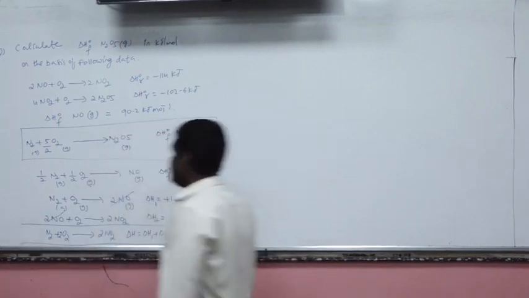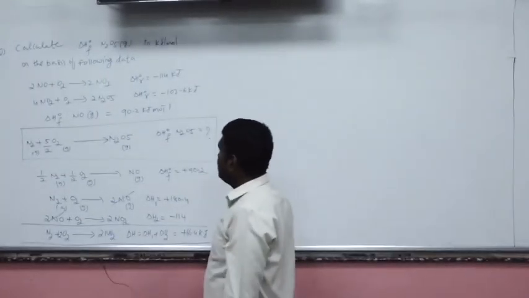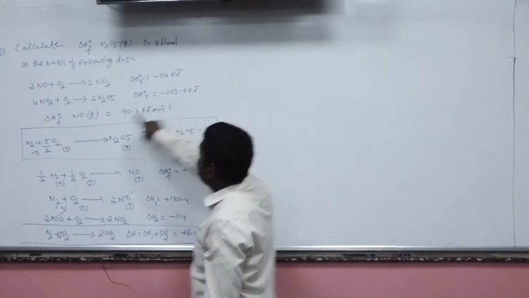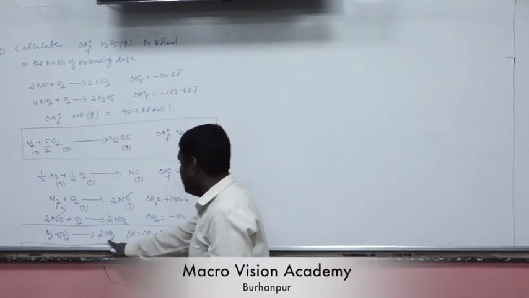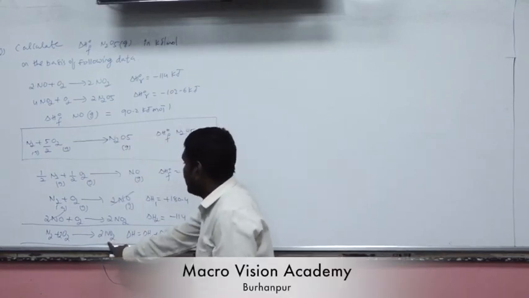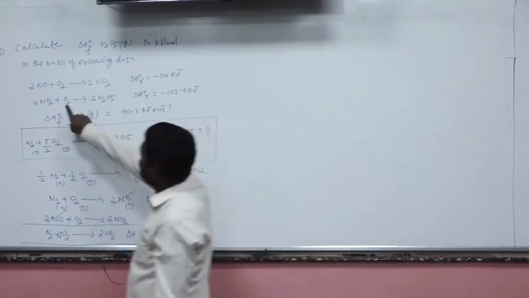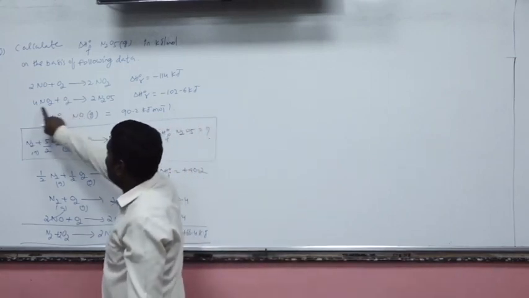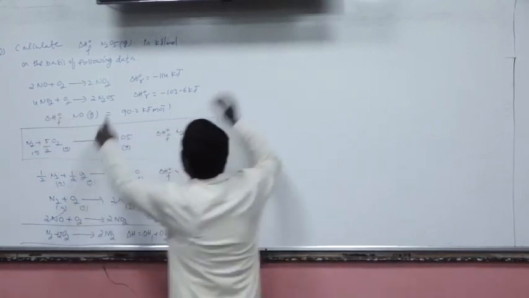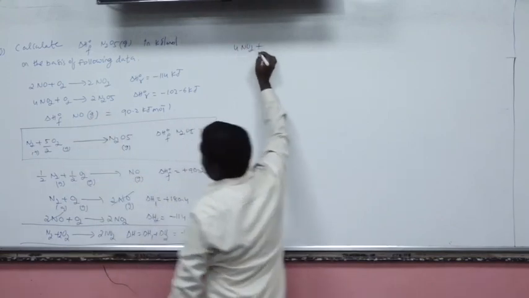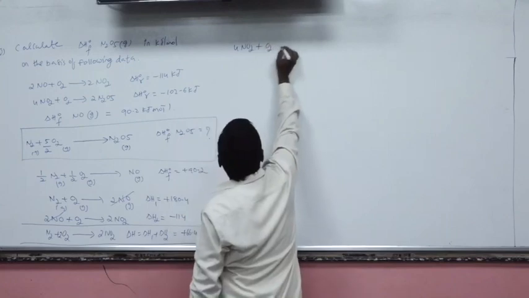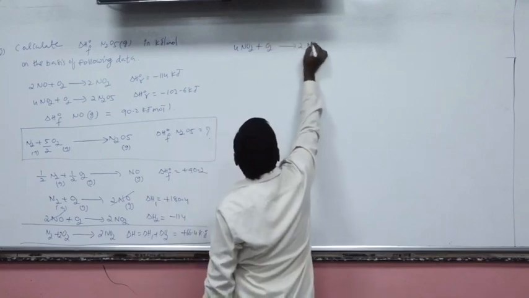Now come to this equation, 4NO2, but I have 2NO2 here. Now what we are doing, I am dividing this equation by 2 so that I will get 2NO2. Okay. Now take this equation, 4NO2 plus O2 gives 2N2O5.